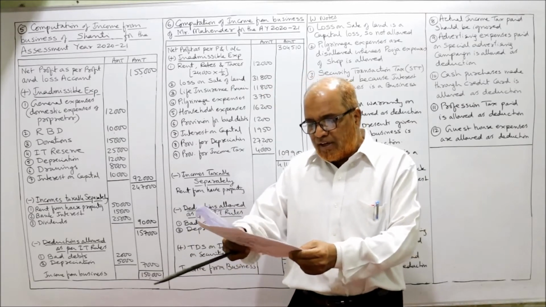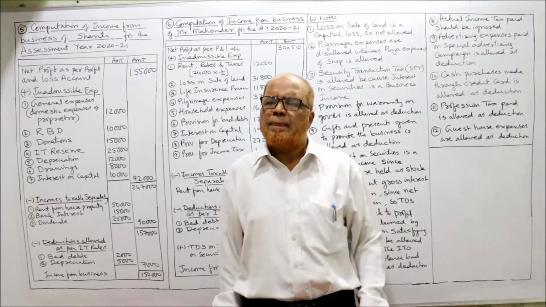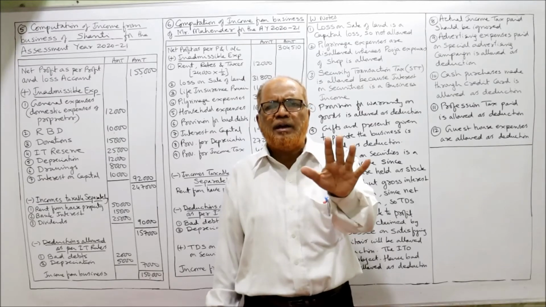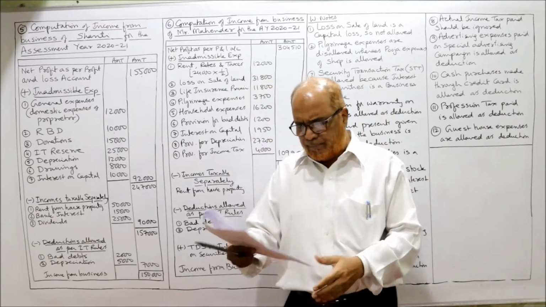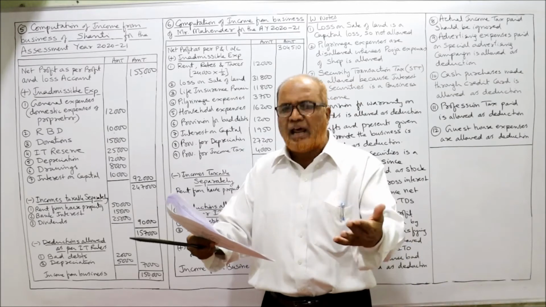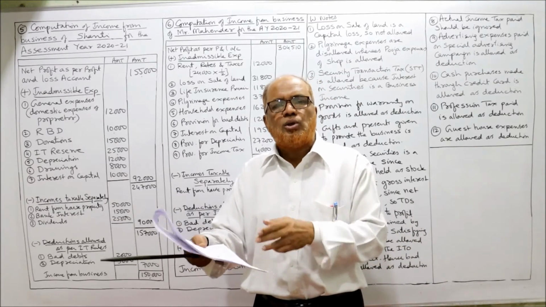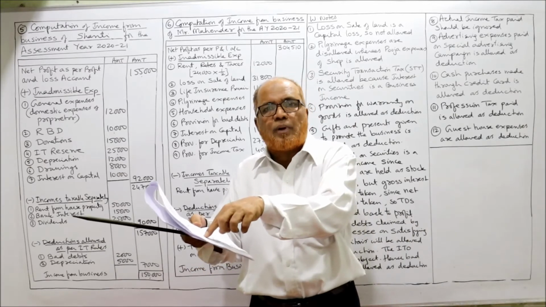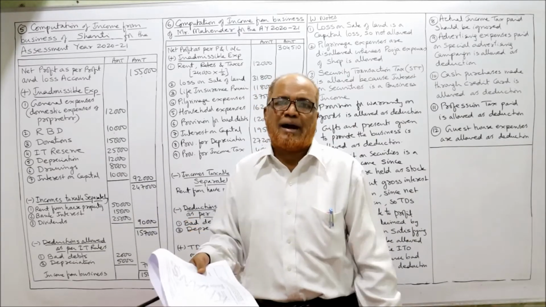Second, amount of income tax actually paid during the year. Ignore, we don't require. Income tax paid will not be considered while calculating income from business. Depreciation allowable as per IT rules. So this depreciation will be given deduction, and depreciation which is debited to profit and loss account will be disallowed, add back.